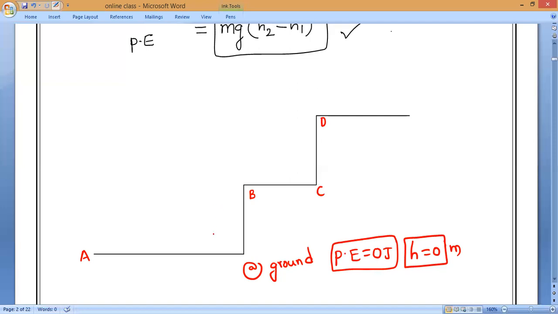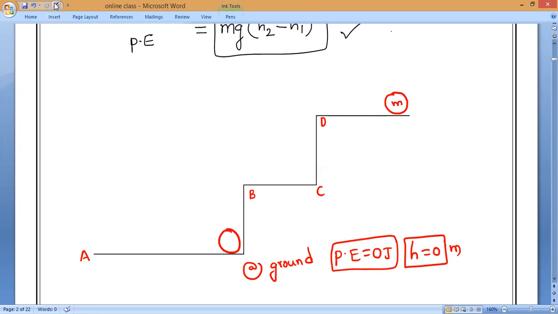Now, let me take the body is here and it has been raised, and finally it reaches this position. So this is the final position. Now let me take this mass is here. Initially the body is here, and finally the body reaches here.